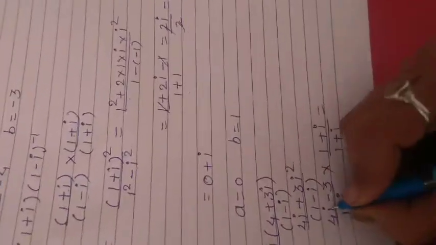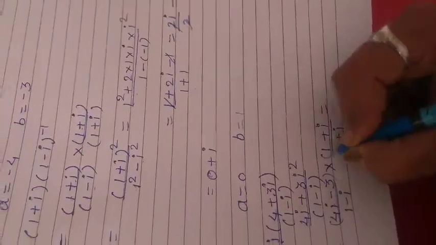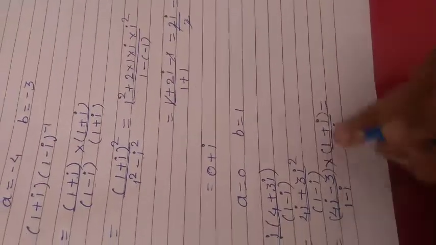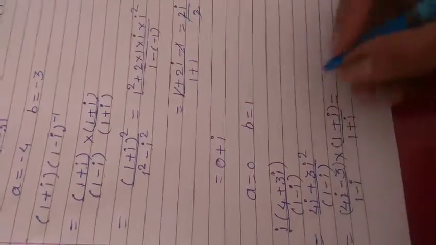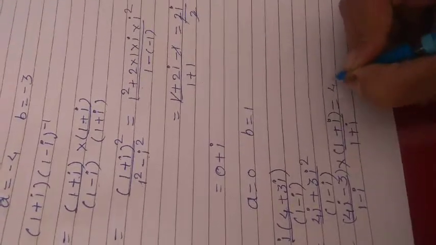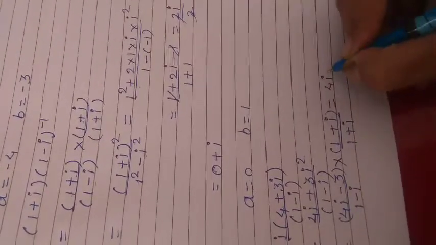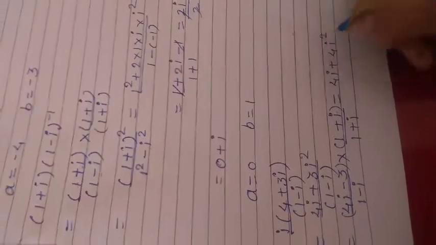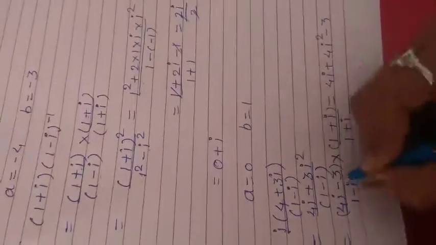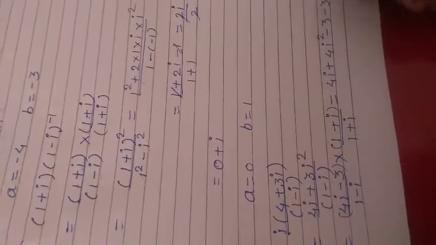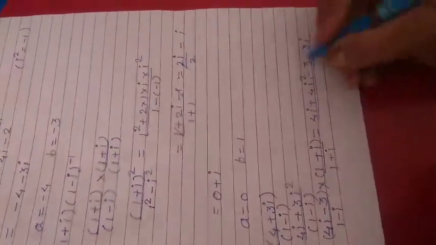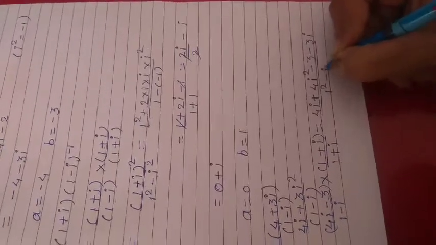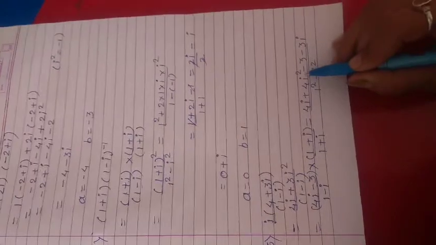Now this is 4i minus 3 into this bracket. So we will multiply 4i with this bracket, and then after this minus 3 into this bracket. So 4i into 1 means 4i. 4i into i means 4i square. Then minus 3 and then minus 3i. And in the denominator a plus b, a minus b, so a square minus b square. Now here in place of i square we will substitute minus 1.